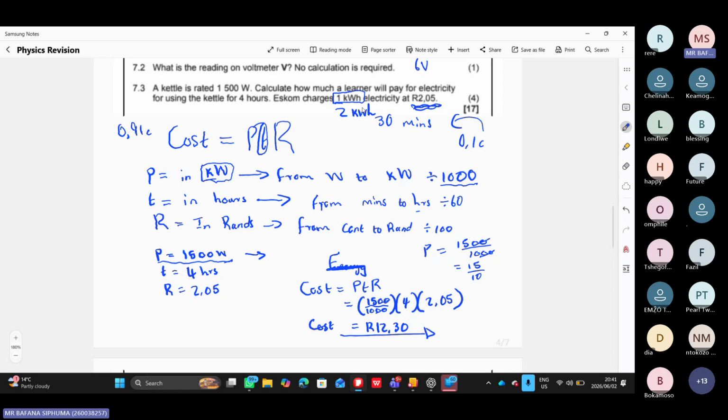It means that our final answer, we need to multiply it by 2, because the cost is now 2 kilowatts per hour. They're charging 2 kilowatts in each hour.